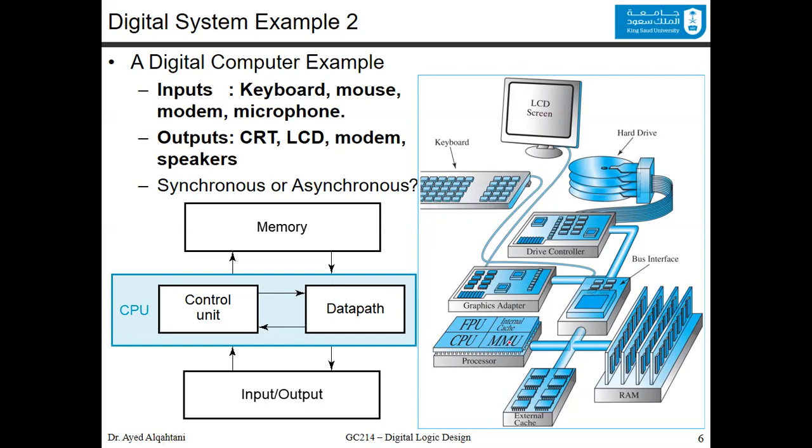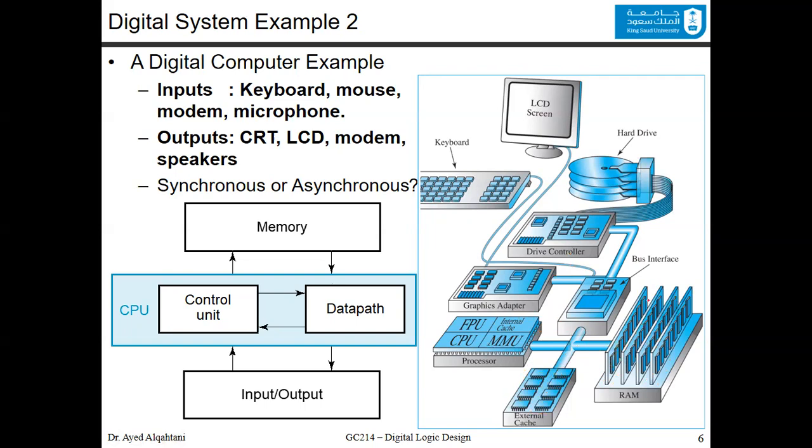And we have also some other modules like the MMU. And we here have an external cache, usually level 1 and possibly level 2 is internal. Level 3 is usually external. We have also the RAMs, which is the main memory here.